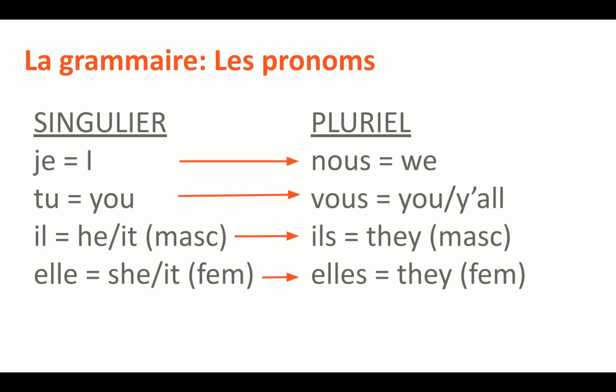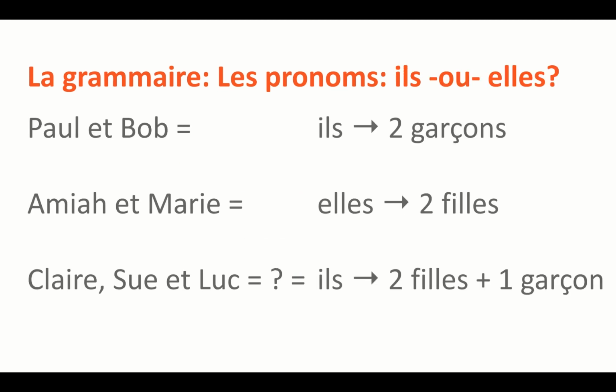Okay, and then I go through the translation. Okay, oh, I meant to do it this way. So, for example, la grammaire, les pronoms, il ou elle. So if you have Paul and Bob, Paul et Bob, ça va être ils, parce que c'est deux garçons. Amaya et Marie. Ça, c'est pluriel, mais c'est elles, c'est deux filles.